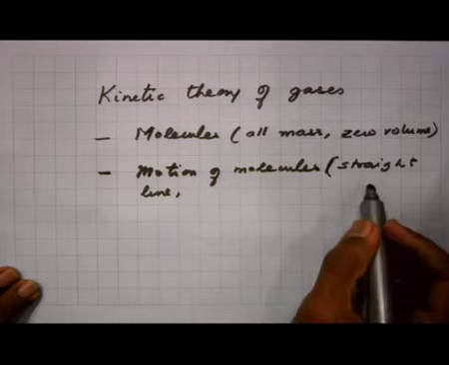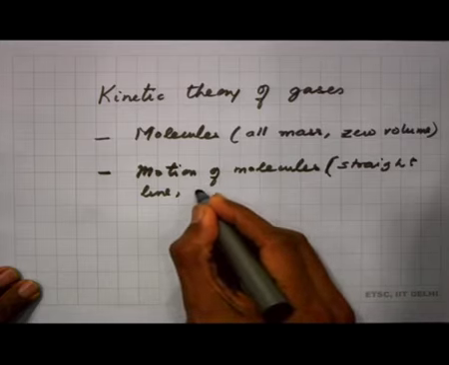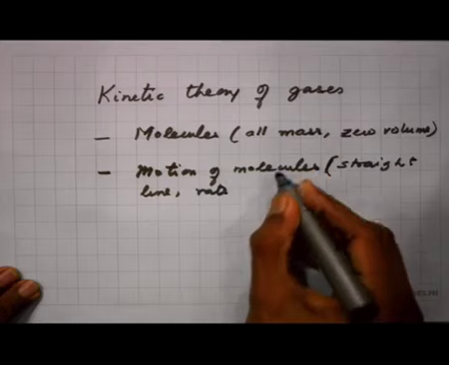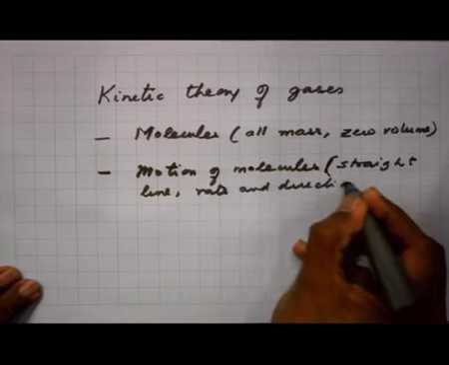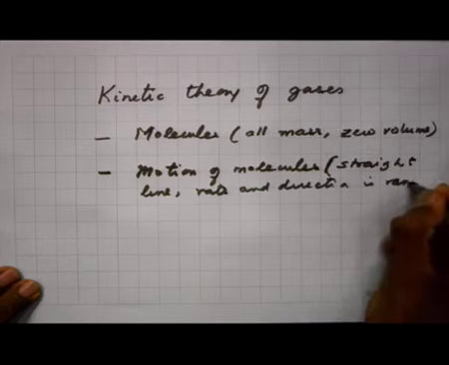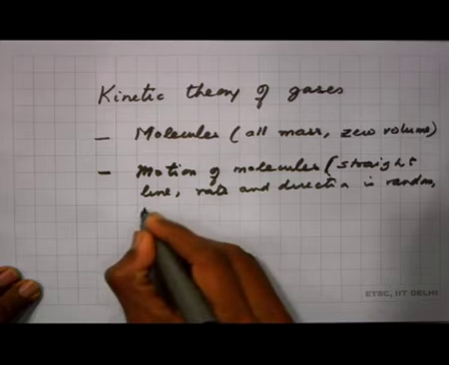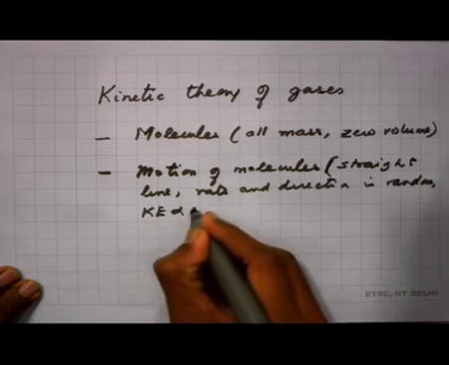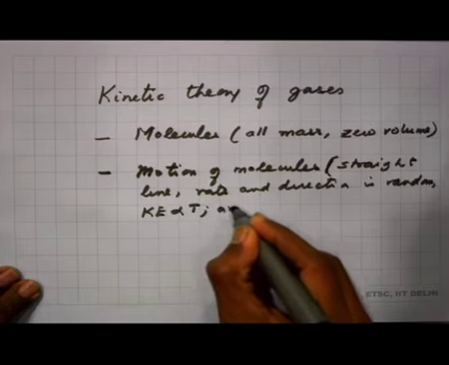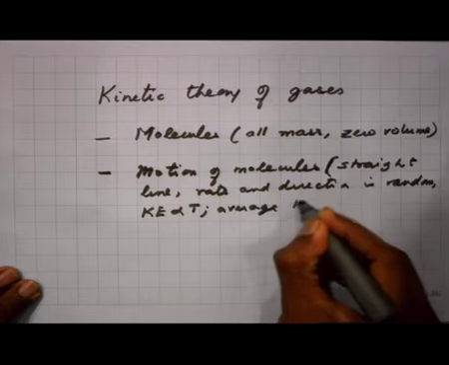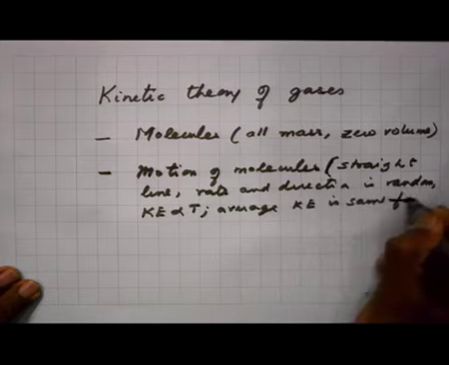We also have that the rate or the velocity, rate and direction of motion is random. That the kinetic energy is proportional to temperature, and parts of that also says that the average kinetic energy of all molecules is same for all molecules.